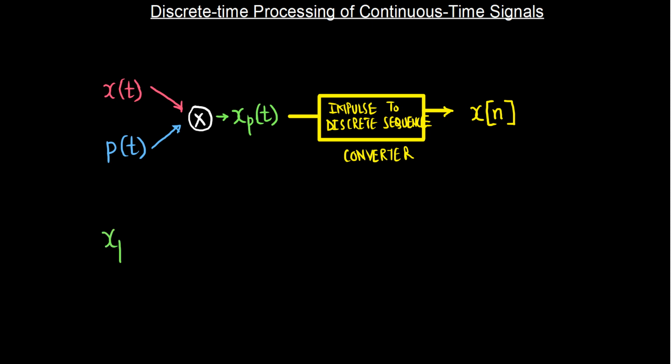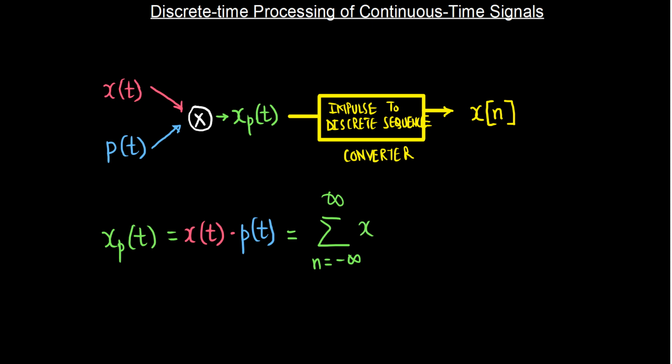The xp of t is simply x of t times p of t, and this is equal to the summation, n going from minus infinity to infinity, of x of nT delta of t minus nT.